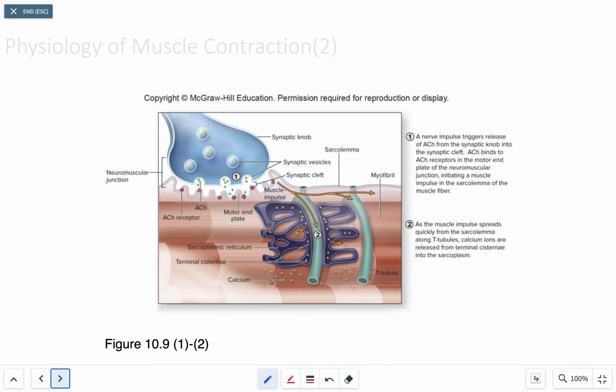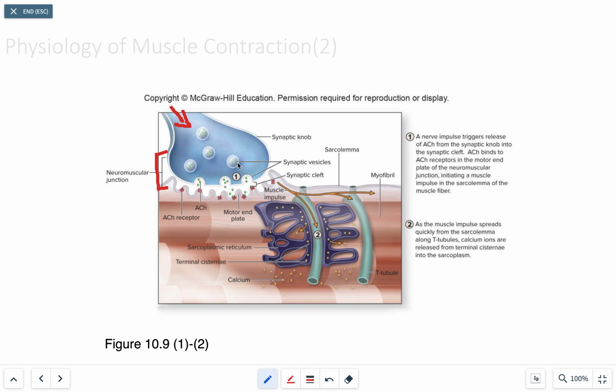We'll be going through the steps of how a neuron stimulates the muscle fiber. As mentioned previously, this neuromuscular junction is going to be the connection between the nervous system and the muscle fiber. We will see an action potential that will be traveling down the motor neuron into the synaptic knob.